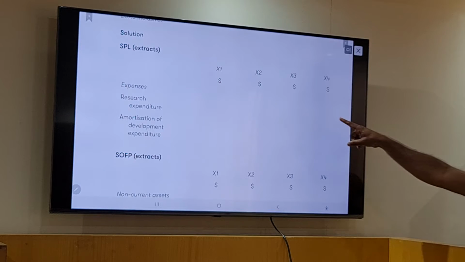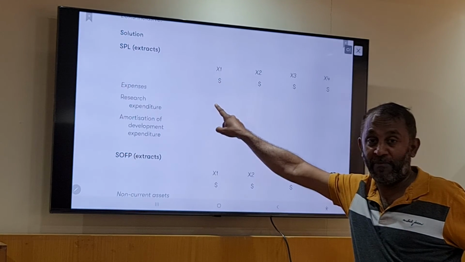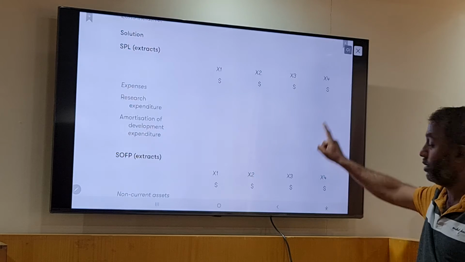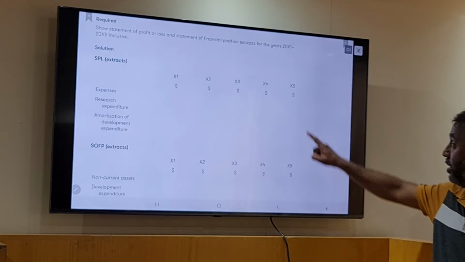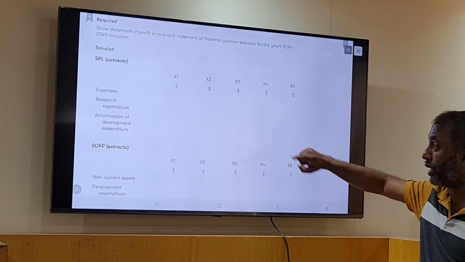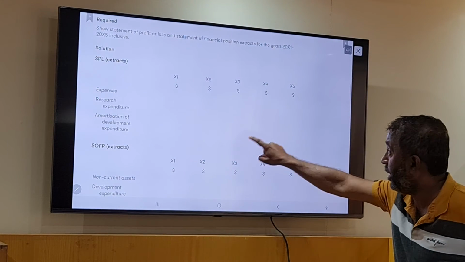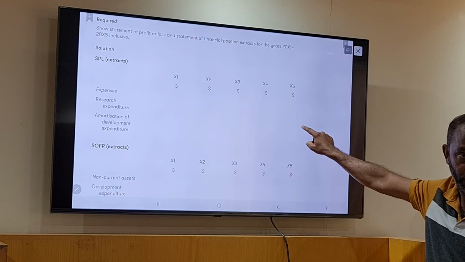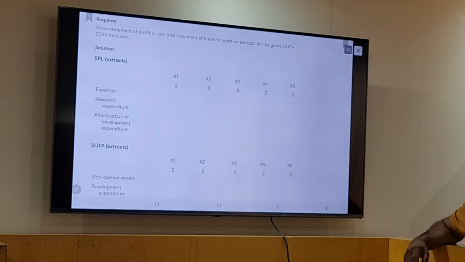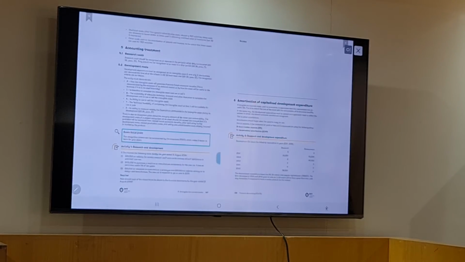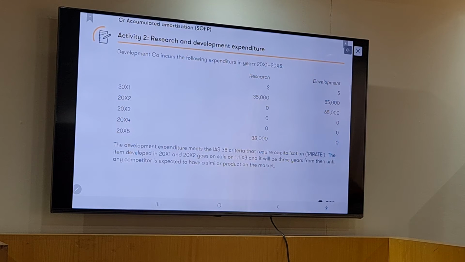So research expenditure is here, the first one, and here the last one. Amortization expenditure in X3, X4, X5. You know that research expenditure should be written off to the profit and loss account. The 35,000 was incurred in which year? 2011.